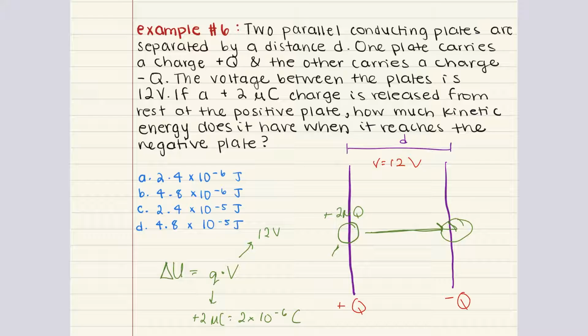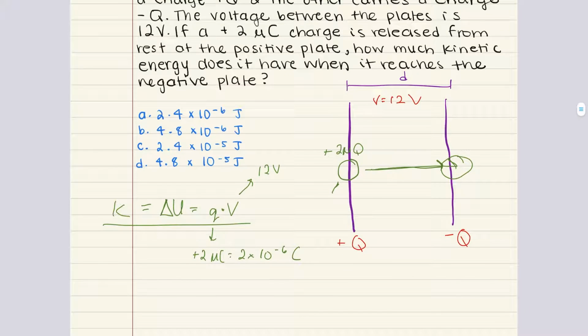Therefore, the kinetic energy of the charge when it reaches the negative plate is going to be equal to the change in electric potential energy. Keeping that in mind, we can start to calculate the kinetic energy using this expression. So K is equal to delta U, which is equal to Q times V.